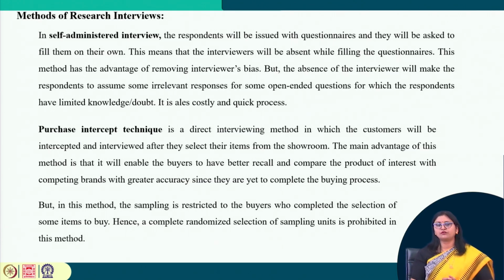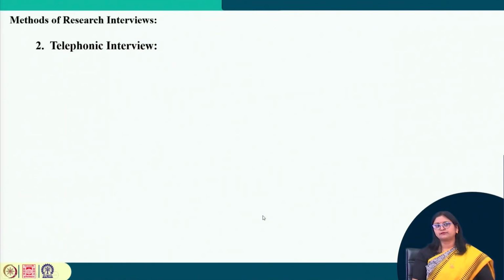But in this method, sampling is restricted to buyers who have completed the selection of some items to buy. Hence, complete randomization in the selection of the sampling unit is prohibited in this method.